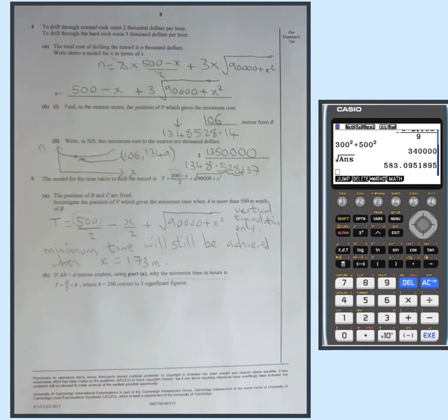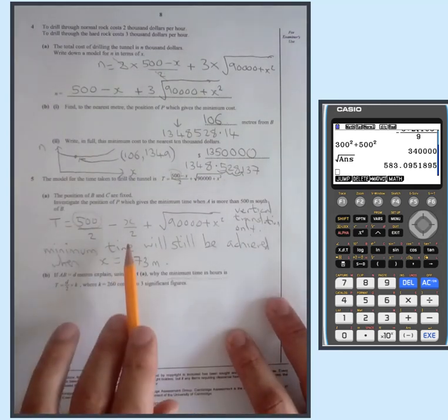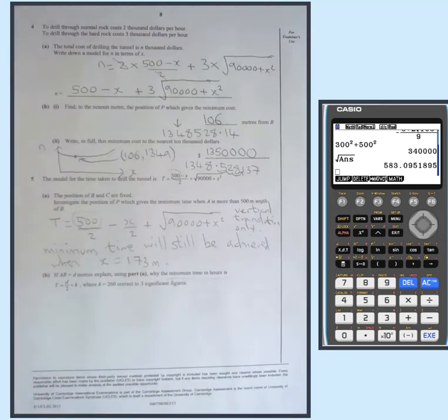If AB equals D meters, explain using part A why the minimum time in hours is T equals D over 2 plus K, where K equals 260, correct to 3 significant figures. Right, so using part A, we know that the minimum time happens when X is 173-ish, or I'll get the longer number, I need to put it on the calculator.